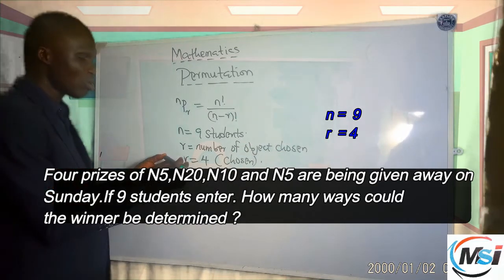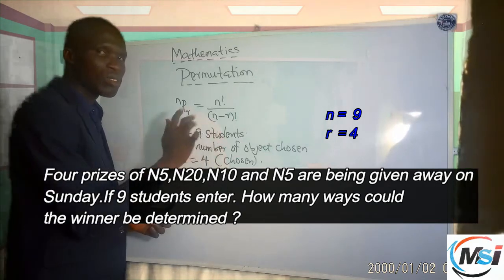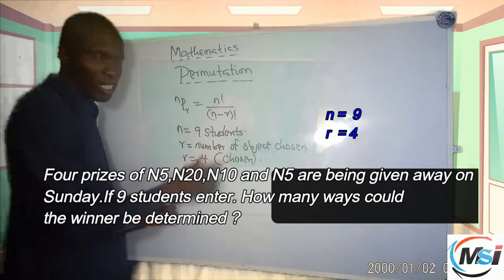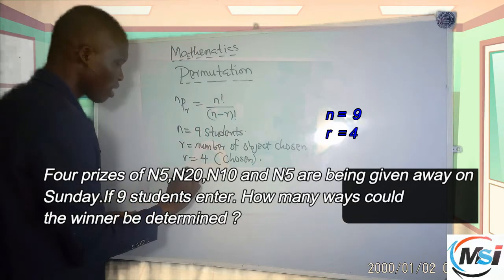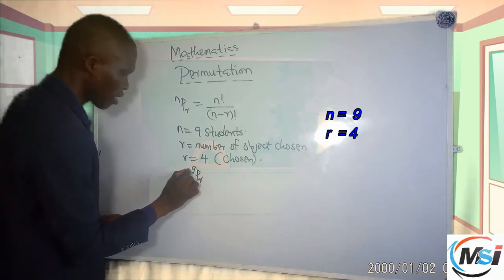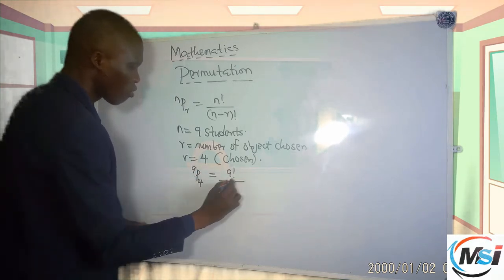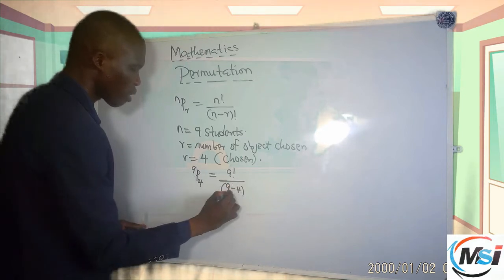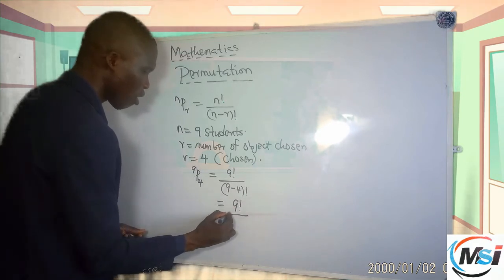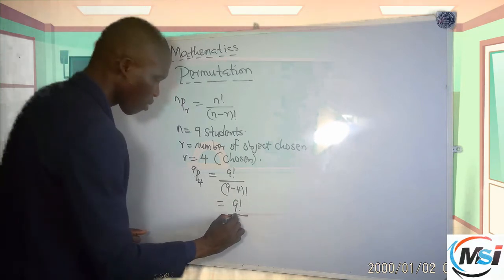Now, since you know your r and you know your n, we can apply this formula to solve this question. nPr gives 9 permutation 4, which is 9 factorial all over (9 minus 4) factorial. 9 minus 4 gives 5 factorial.